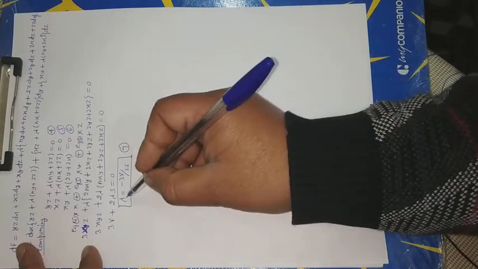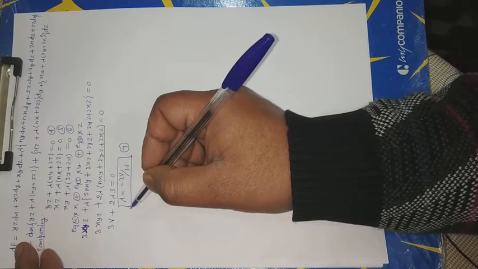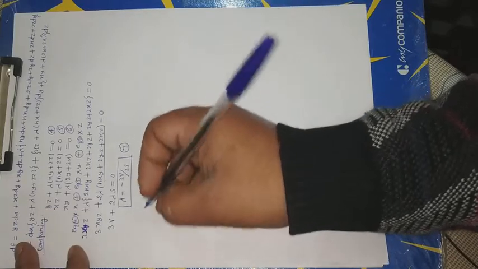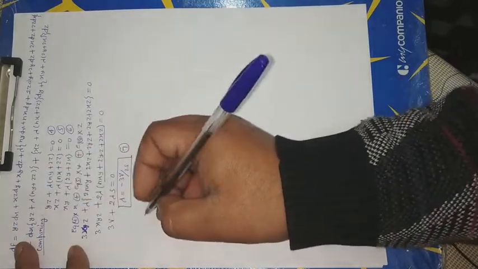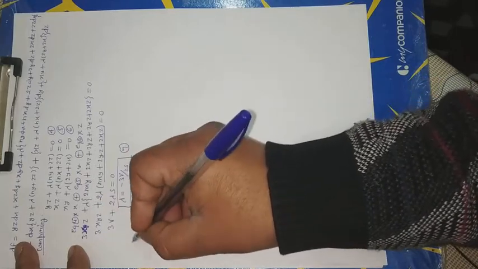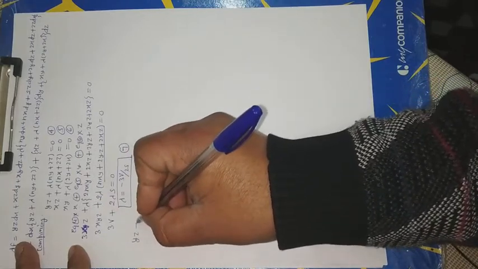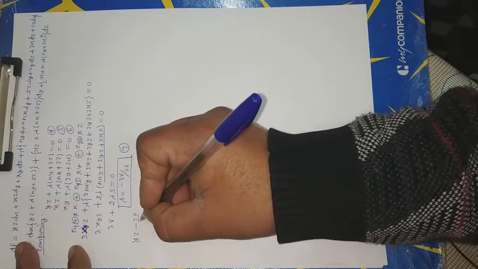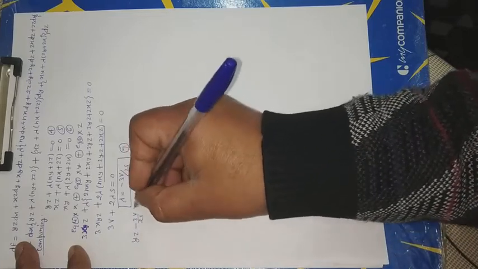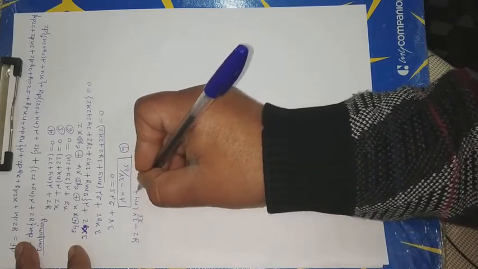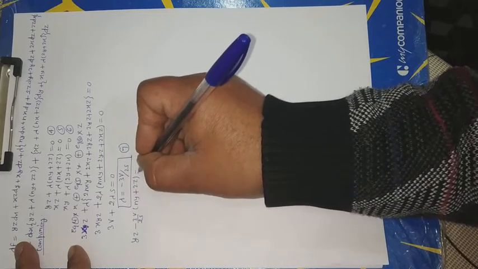Now putting the value of lambda in equations number 4, 5, 6. First in equation number 4: yz minus 3V upon 2S times (ny plus 2z) equal to 0.